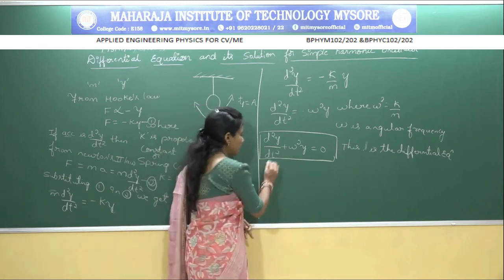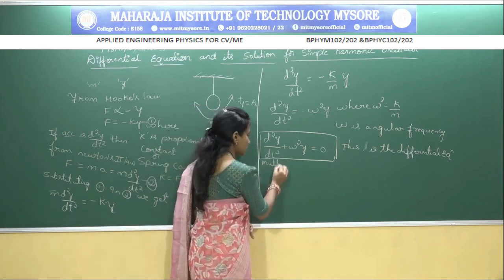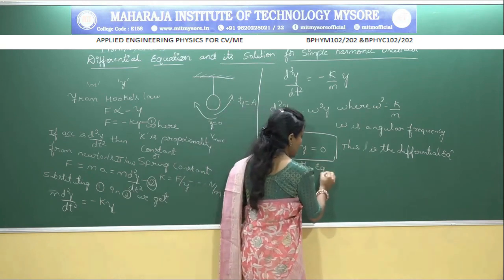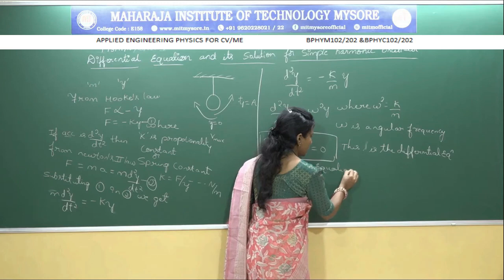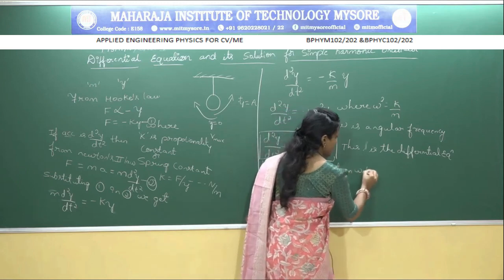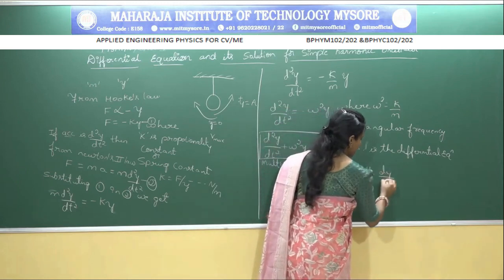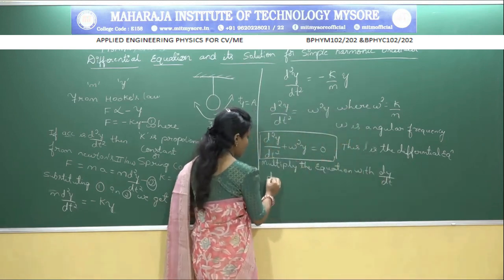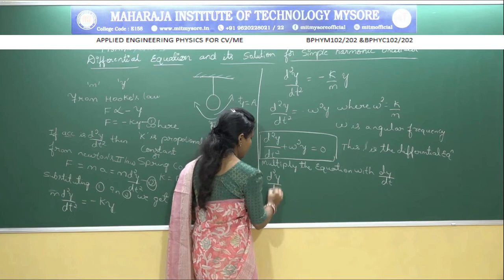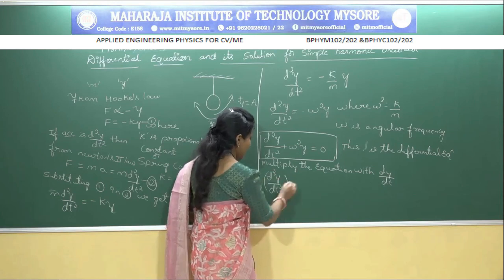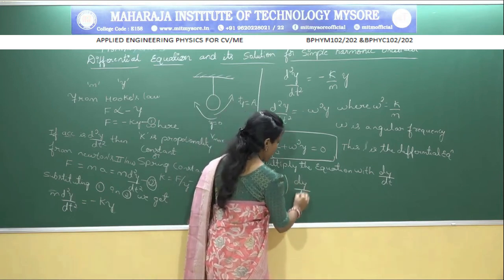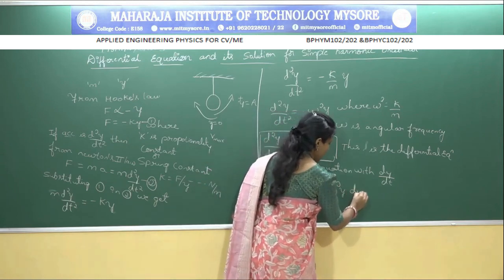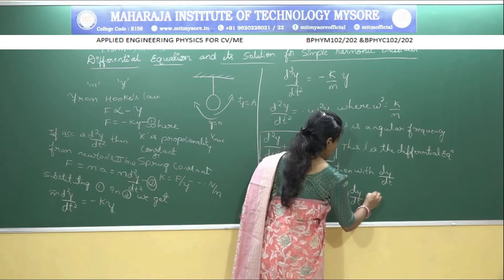Just multiply this equation with dy by dt. Then we get d square y by dt square into dy by dt plus omega square y into dy by dt is equal to 0.